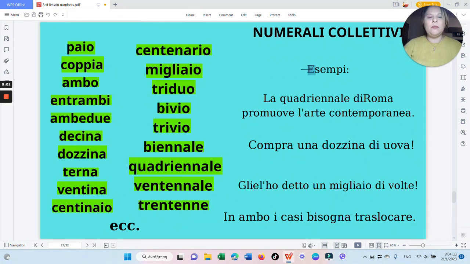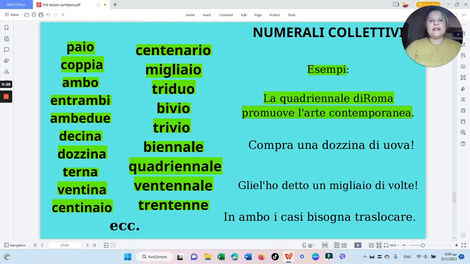Now let's give some examples. Esempi, examples. La quadriennale di Roma. Quadriennale is a 4-yearly exhibition, an art exhibition in Rome. La quadriennale di Roma promotes l'arte contemporanea, contemporary art.